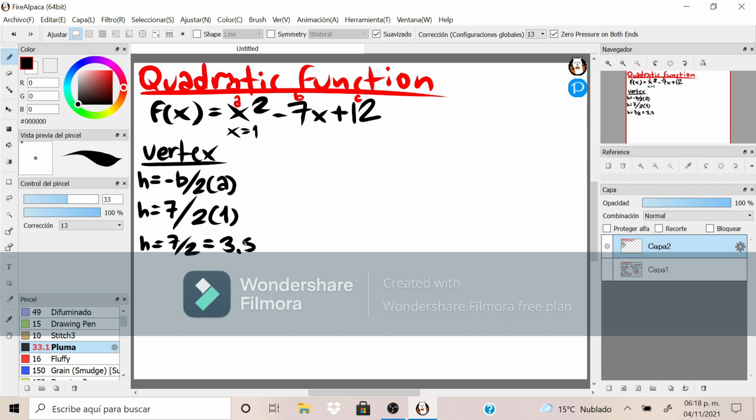We found h. We found the first part of the coordinate of where the middle would be.